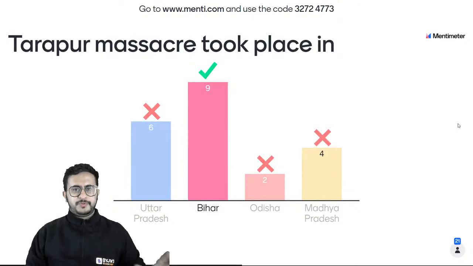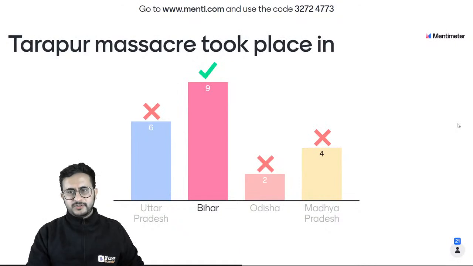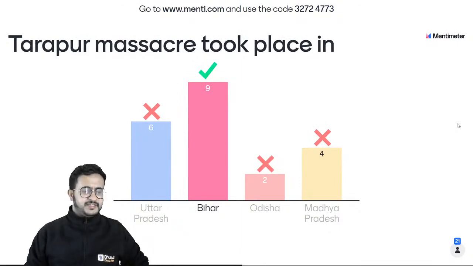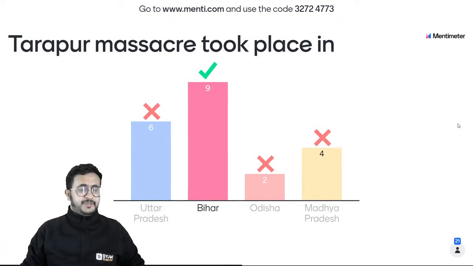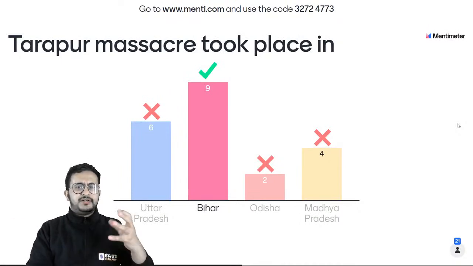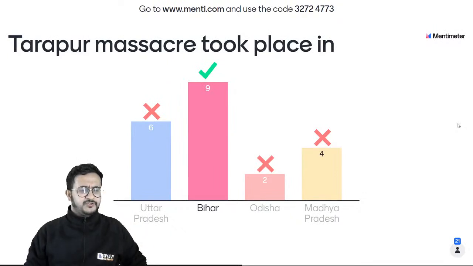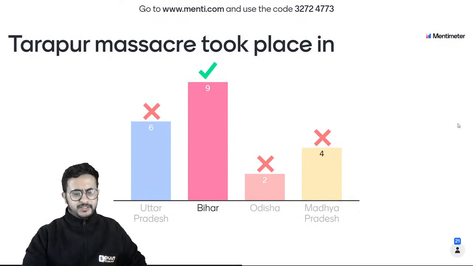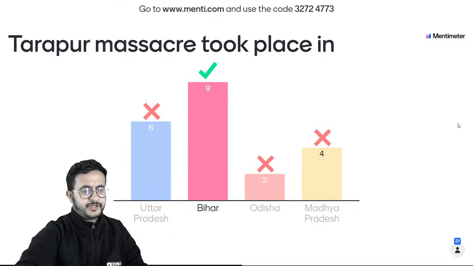I don't know the count of people, but a lot of people were, since it's called massacre, right? So there was a good number of people that were killed in this incident just because they were hosting the national flag, okay, in this place called Tarapur. So it's a place in Bihar, and recently it was in news since it was the 90th anniversary of that incident, February 15 will be observed as the Martyrs Day in that state, that place. Okay, to remember those martyrs of that massacre.